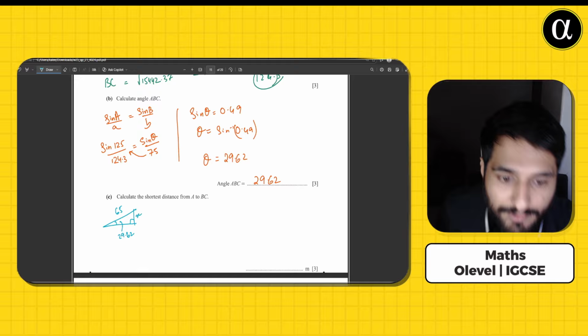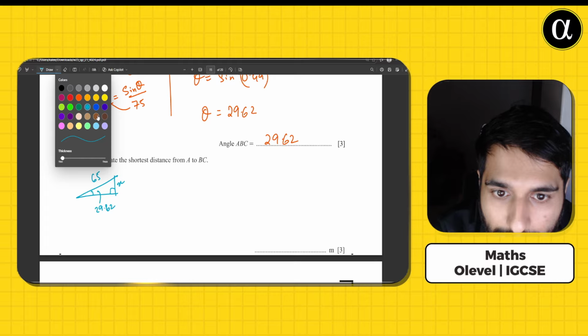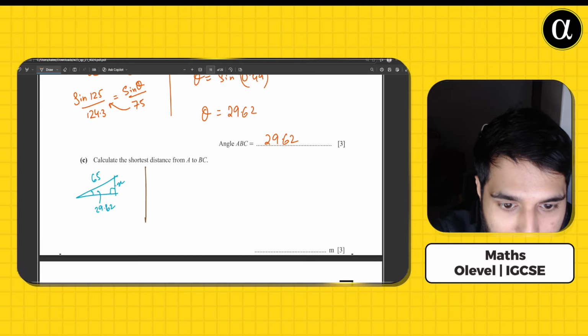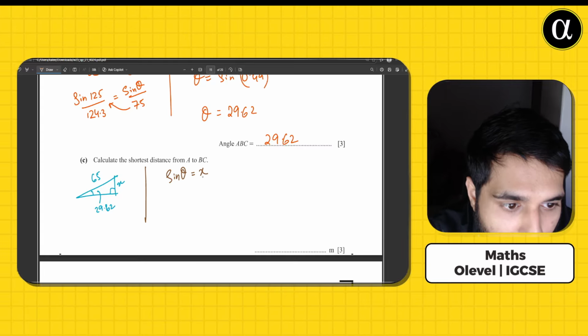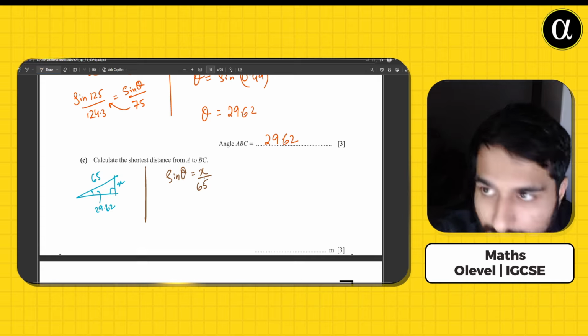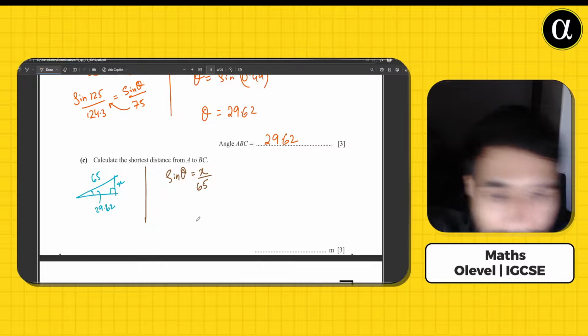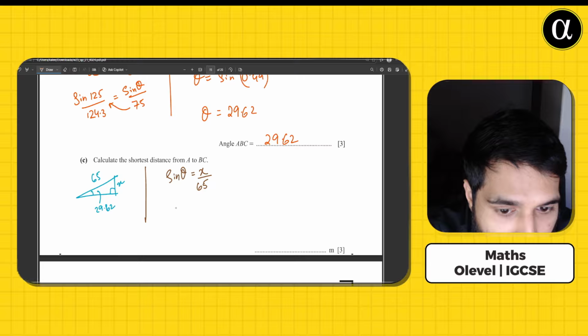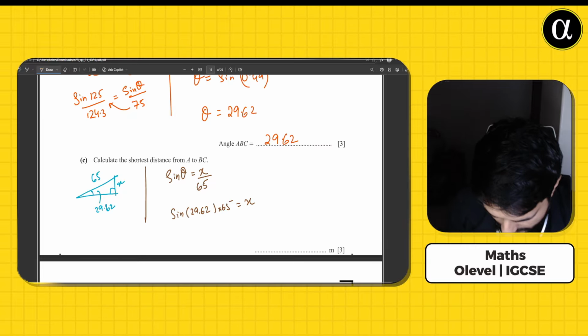Since this is a right angle triangle, we can solve this easily, using the trigonometric ratio sine theta is equal to opposite over hypotenuse. So sine theta is equal to x over 65, where theta is 29.62. So it's going to be 65 times sine of 29.62, and we should get the value of x.